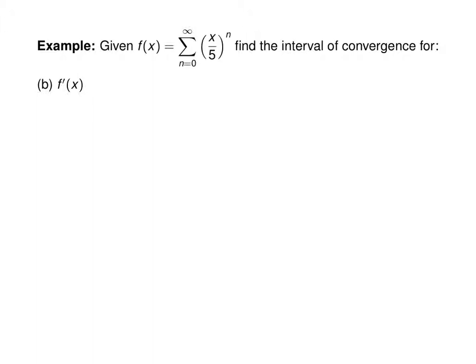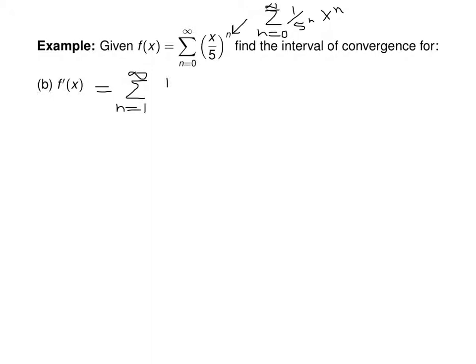Now next let's find the interval of convergence for the derivative of this function. So using our derivative formulas, the derivative will equal a sum from n equals 1 to infinity. You can think about this original series as the sum from n equals 0 to infinity, 1 over 5 to the n times x to the n.